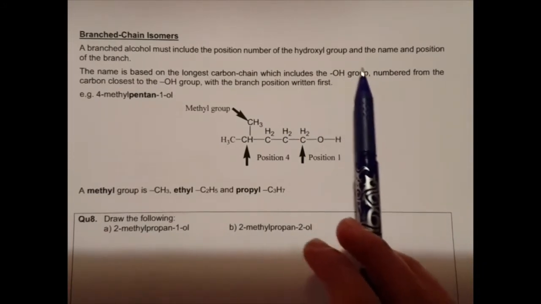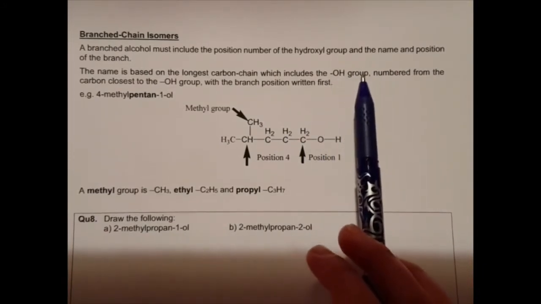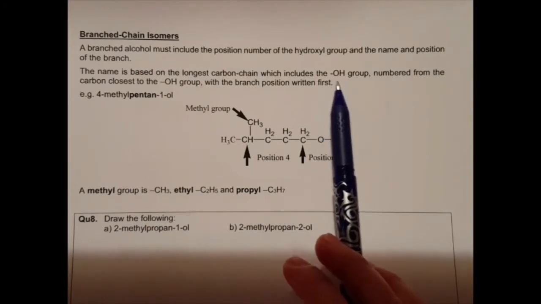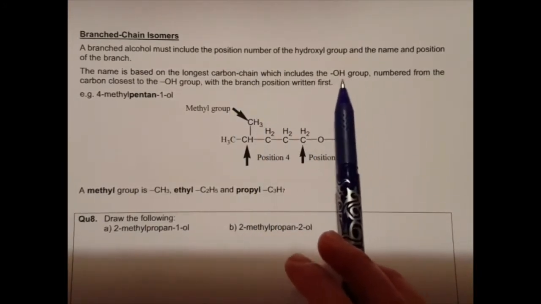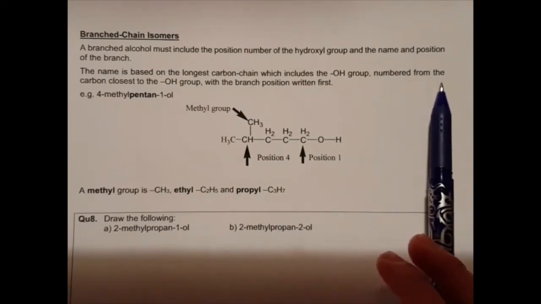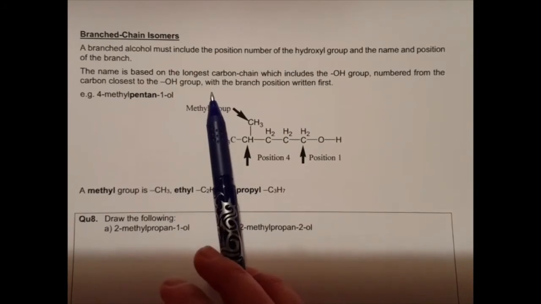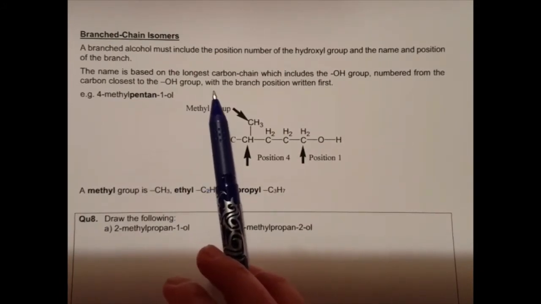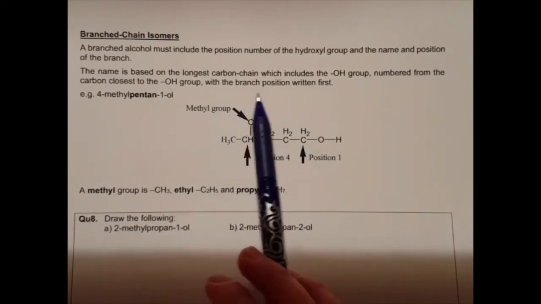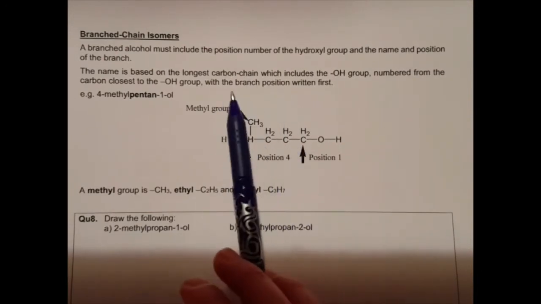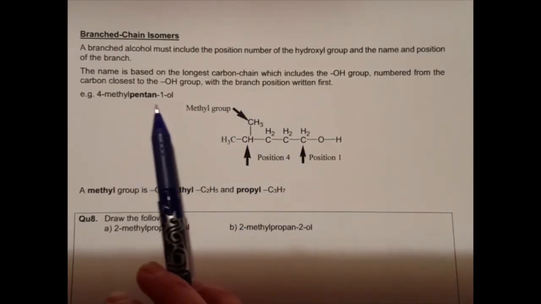Just as alkenes have to include the double bond in the longest chain, with alcohols we have to include the OH group in the longest carbon chain. And we number the chain from the carbon closest to the OH group. Just like with other naming, we write the name and position of the branch at the beginning of the name and then the name of the main chain at the end.